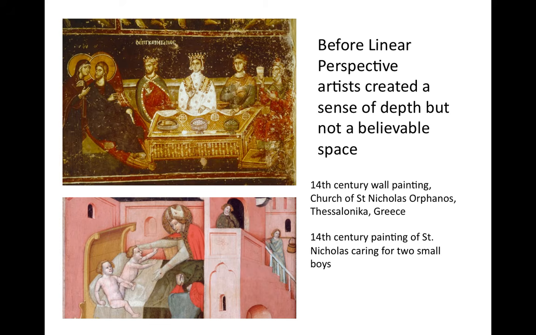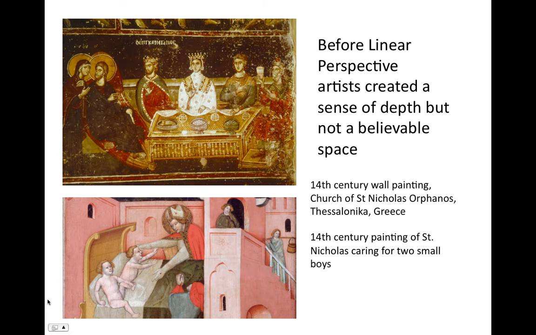However, you'll notice in these examples from the 14th century, the space isn't completely a believable space, and the relationships between the different planes in the space don't quite make sense. The tabletop here and the bed down here both seem to be tipping forward.